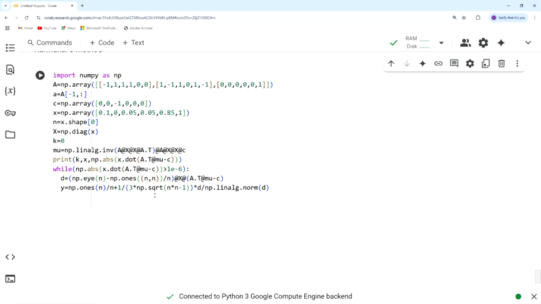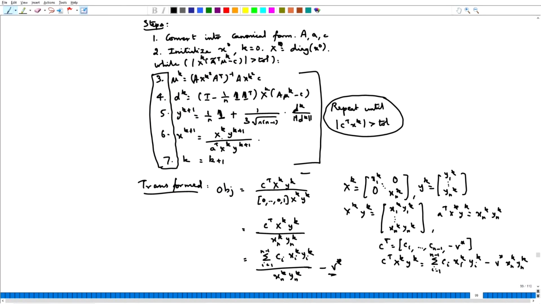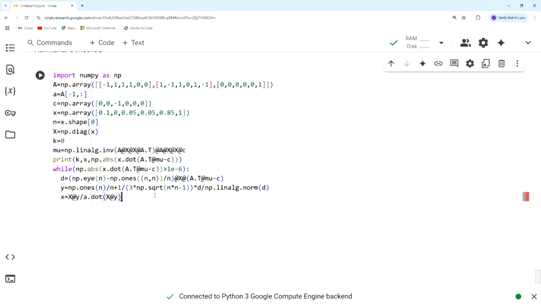Now you have to do the reverse projective transformation, which is xk into y by A dot xk into y. Again, it is just x at y by A dot x at y, nothing else.